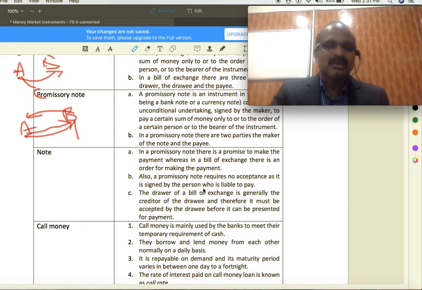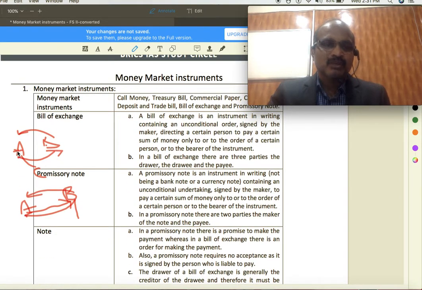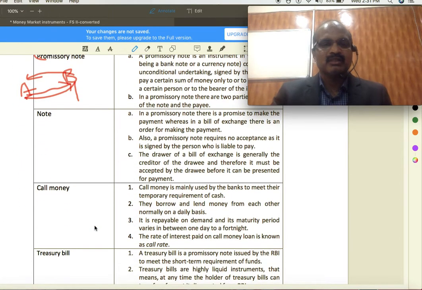You have to just draw it and sign it across and give it to the payee. Right? In case of a bill of exchange, the drawer of the bill of exchange will sign, and the drawee, that is the acceptor, also will sign. Here I say drawer will sign, drawee will sign. Here maker will sign, payee need not sign. Payee will sign only when payee wants to transfer it to others. Right? That is the difference I gave you in the third one.